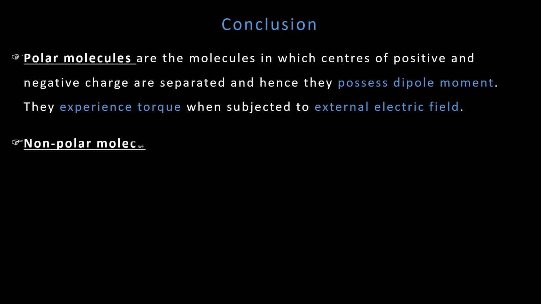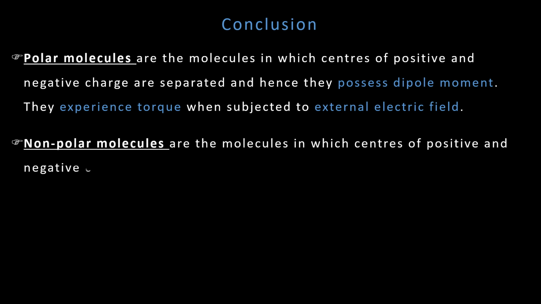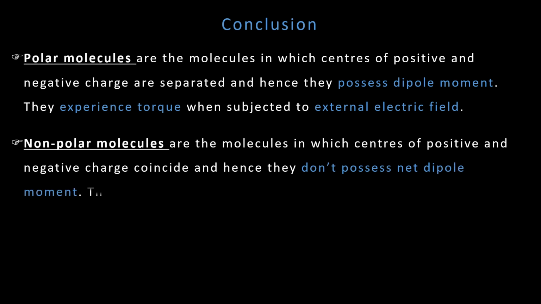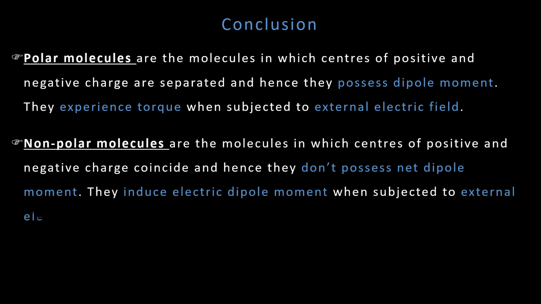On the other hand, nonpolar molecules are the molecules in which the centers of negative and positive charges are at the same point. They are coinciding, and so such molecules don't possess any net dipole moment. But if you put them into an external electric field, they induce electric dipole moment, and as soon as you remove the field, they again become nonpolar molecules.